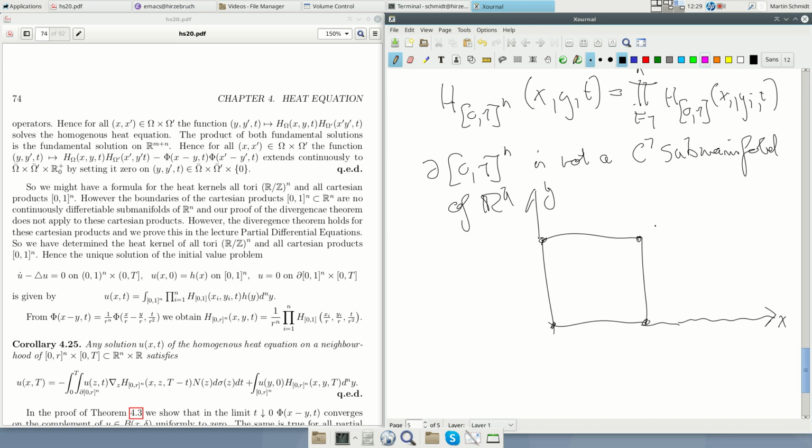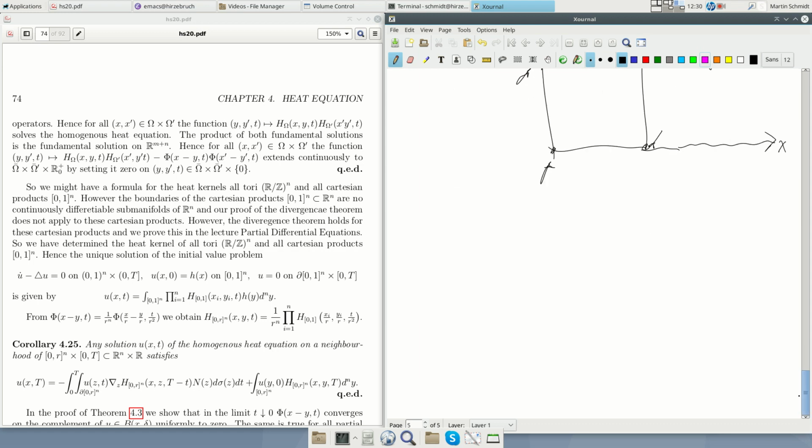Here, at these corners, we don't have a tangent space. So our proof of the divergence theorem does not apply.